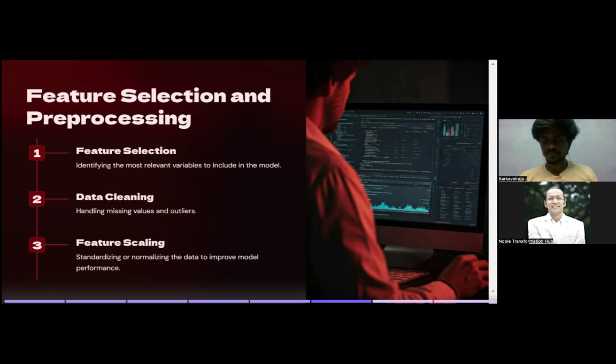Even genetically, human beings have these things, right? When you see somebody very beautiful, how do you call that person beautiful? That is feature selection. Again, there are features, there are behaviors, there are things, right?